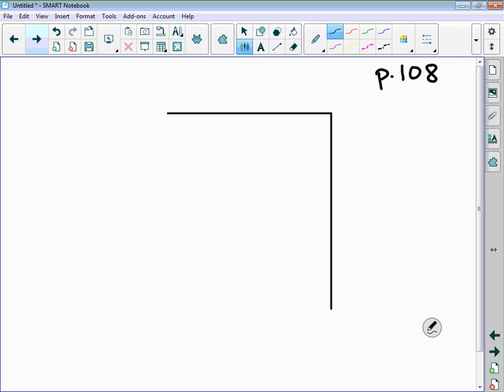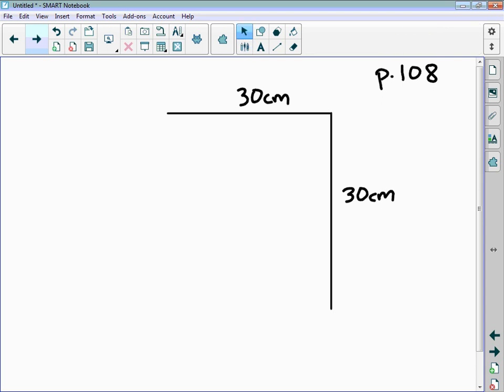So if we were to measure here and say that this was 30 centimeters, and if this was 30 centimeters, and the measurement connecting the two, let me get a straight line going.